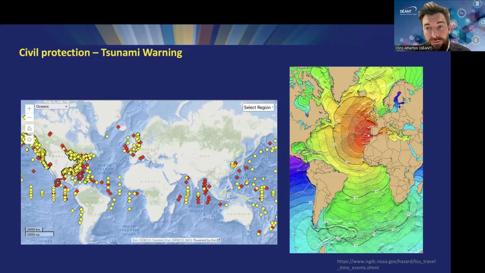The image on the right-hand side is the tsunami that occurred in the 1700s off the coast of Portugal, which killed a lot of people at the time, but severely damaged all of the infrastructure in Portugal.